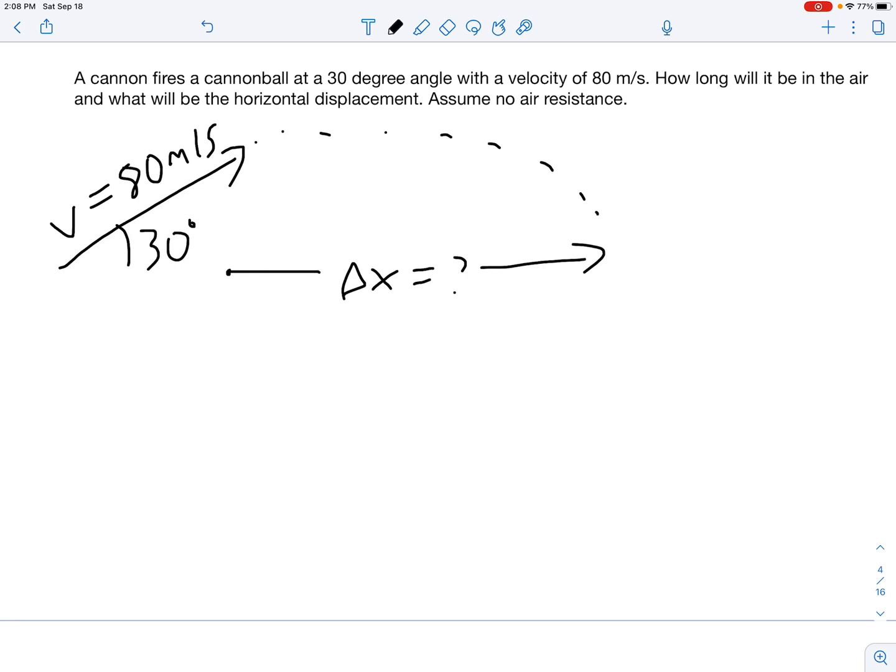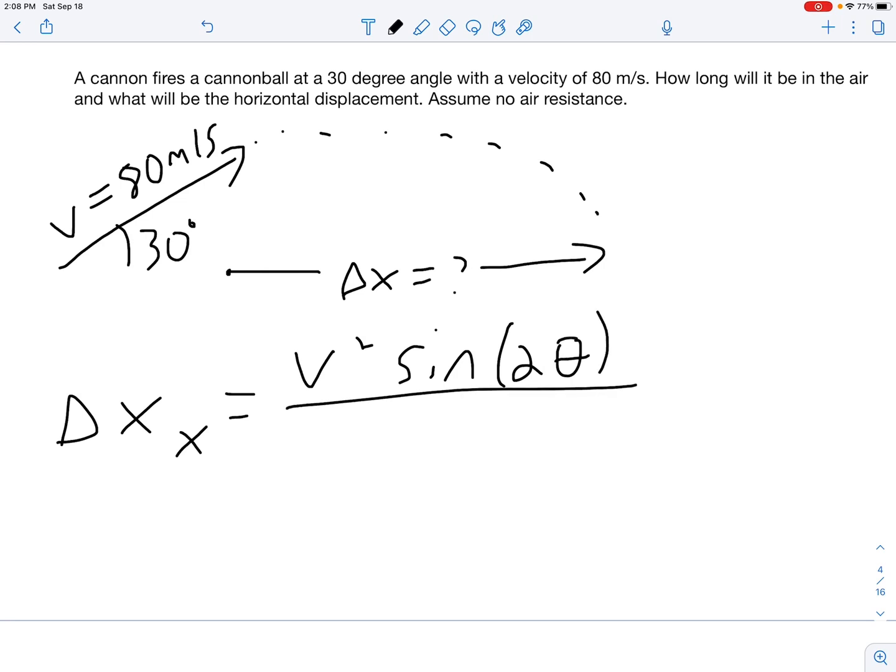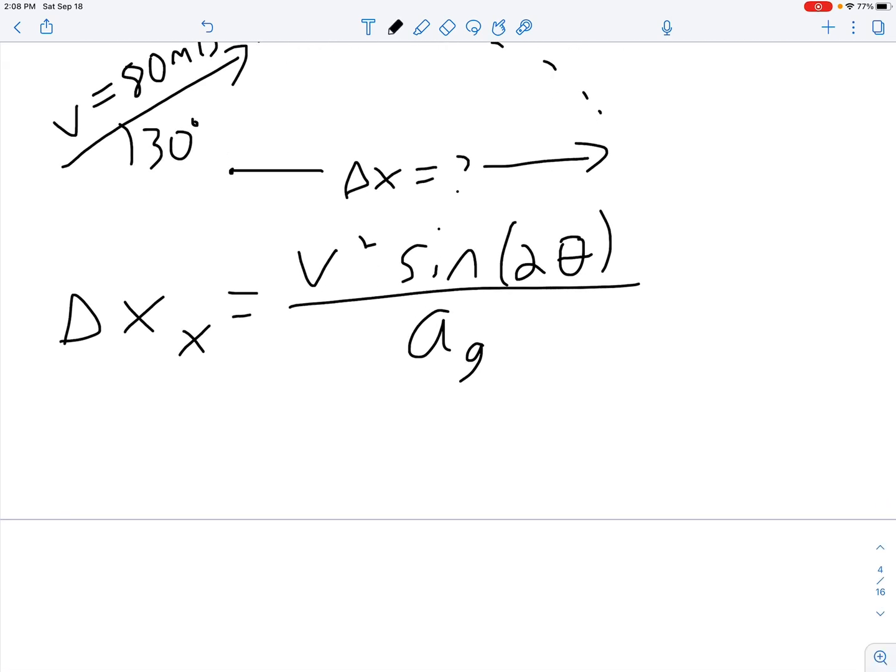All right, so we have an equation to find that. It is v squared times the sine of 2 times the angle, divided by the acceleration of gravity. So I can just plug my numbers straight into that.